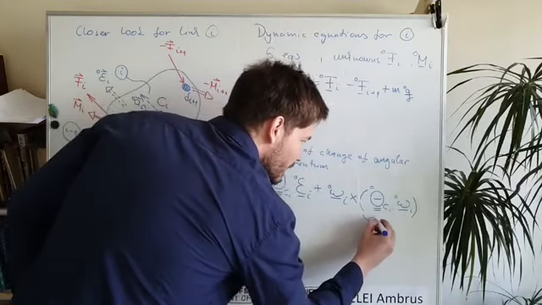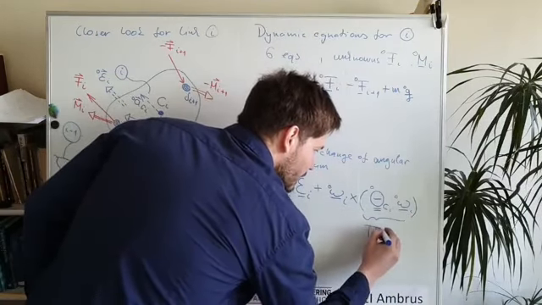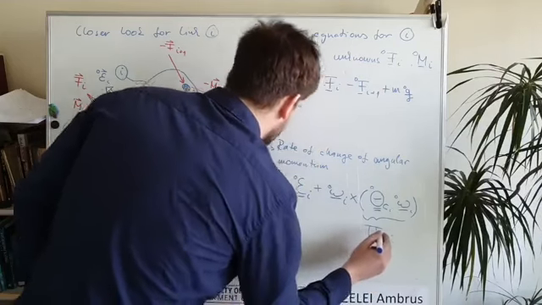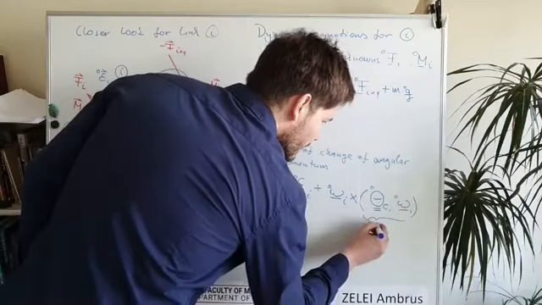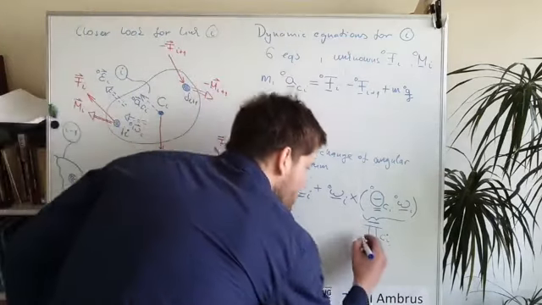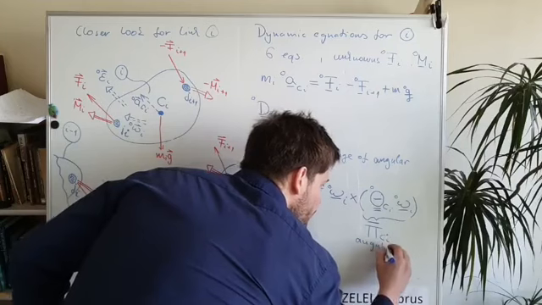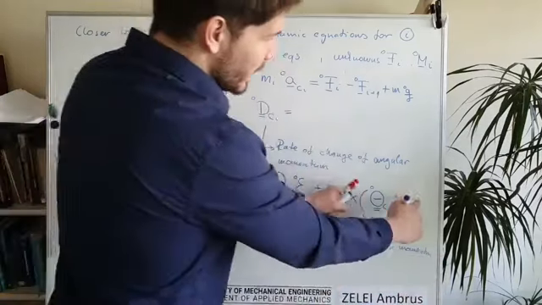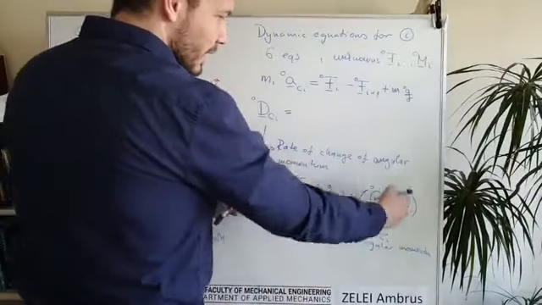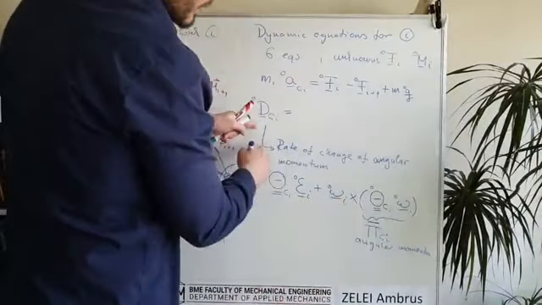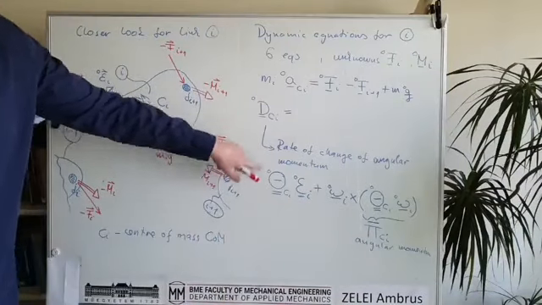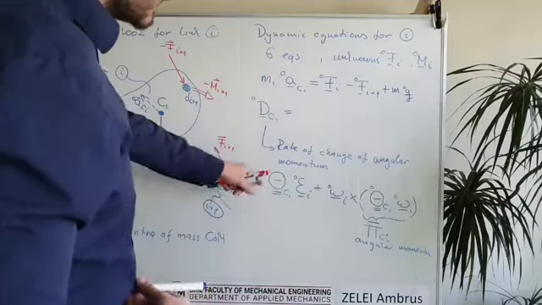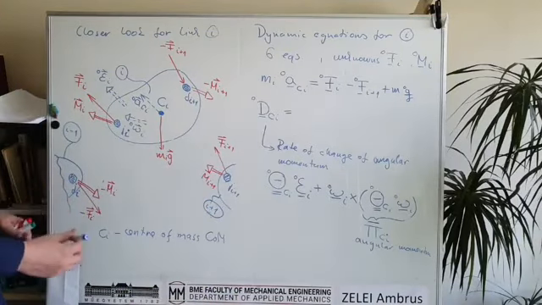Okay, and this part is called P c i, which is the angular momentum. And if we take the time derivative of this whole thing, then we will obtain this formula for the rate of change of the angular momentum. So it's kind of complicated, but you also learned it in the dynamics course, so you can calculate everything here.